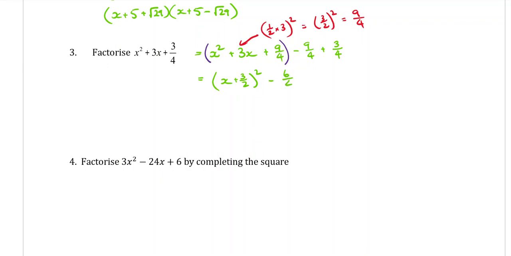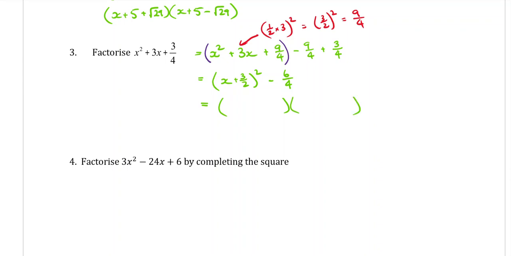Minus 6 over 4 does simplify to 3 over 2, but knowing that I'm going to have to square root them, it's nice to have that 4 on the bottom because that will square root nicely. So I'm going to leave it like that, and I suggest that you always leave them in that form as well. So we can continue with our difference of 2 squares.